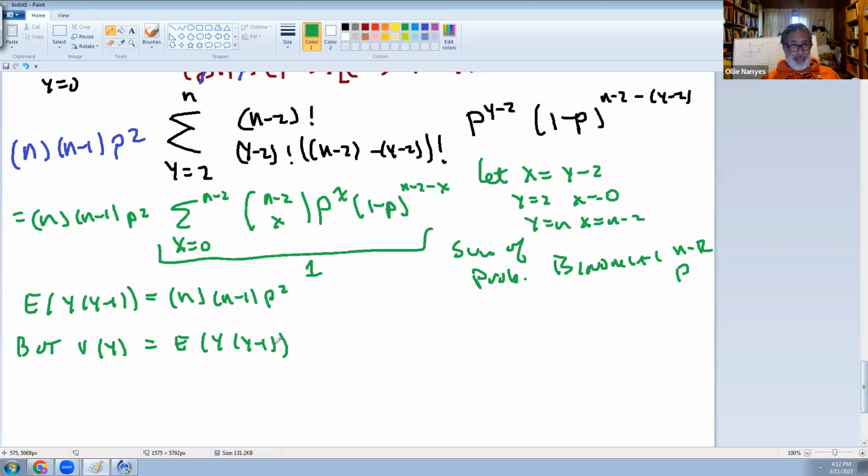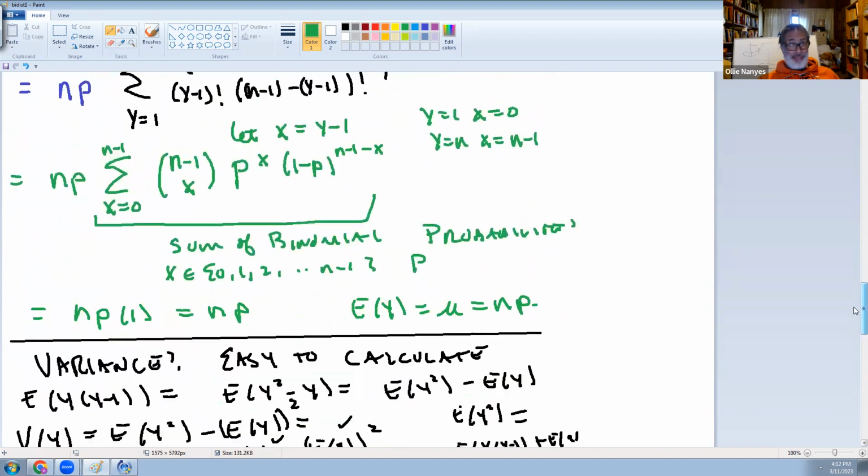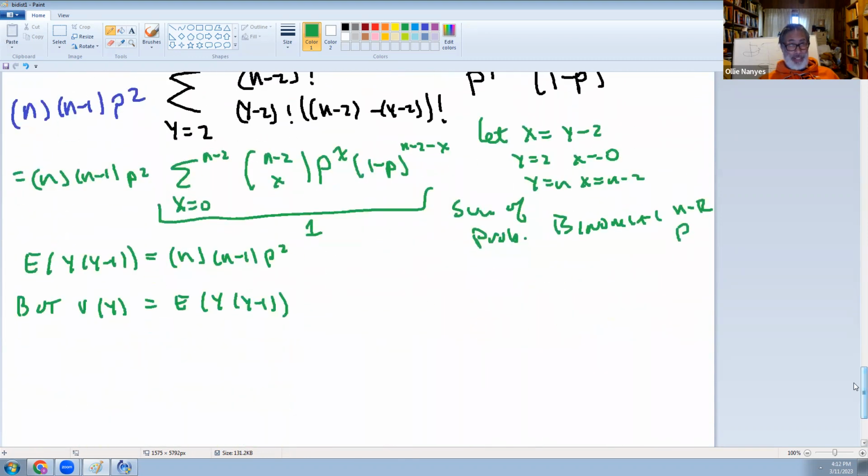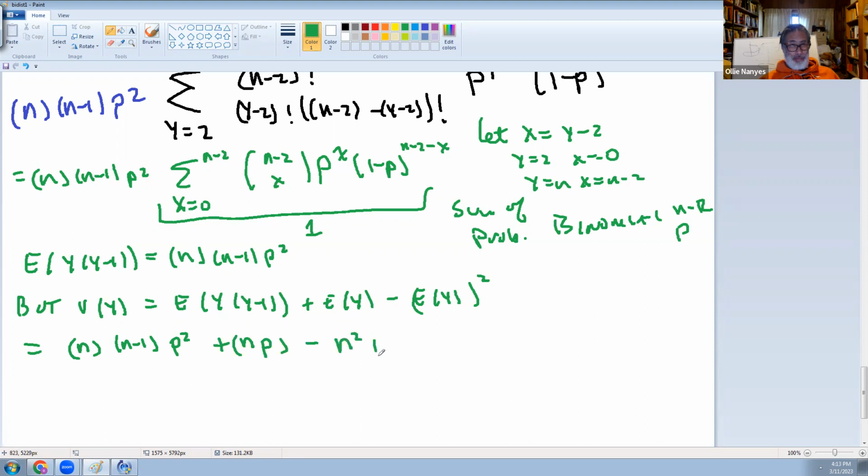So then that's going to be, add that right here, plus expectation of y minus expectation of y squared. So this, we just said, is equal to n minus 1 p squared plus n p, that's the expectation of y, minus n squared p squared.